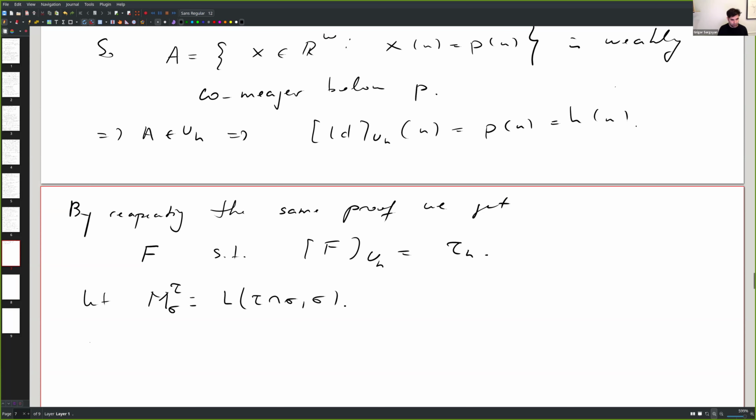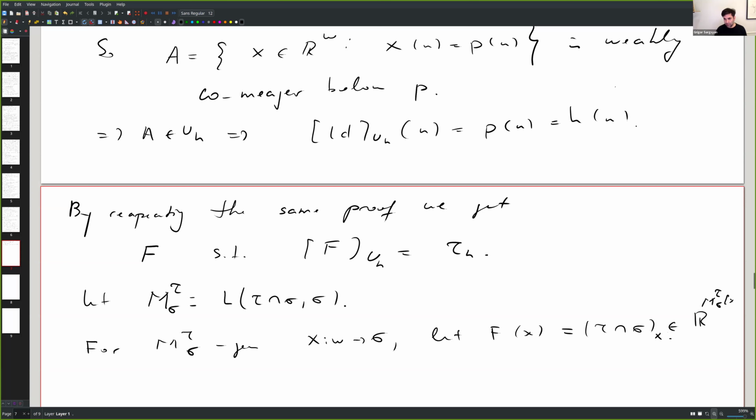So for m tau sigma generic x, let f of x be the evaluation of tau intersection sigma evaluated at x. It's just some name of a real, right? So this is a real inside L, inside m tau sigma adjoin x.